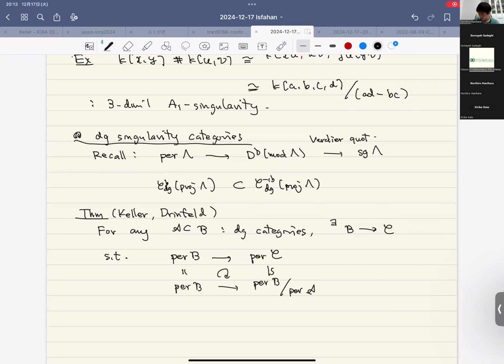And moreover, this DG functor is unique in a certain homotopical sense.